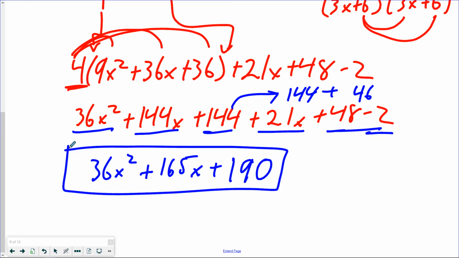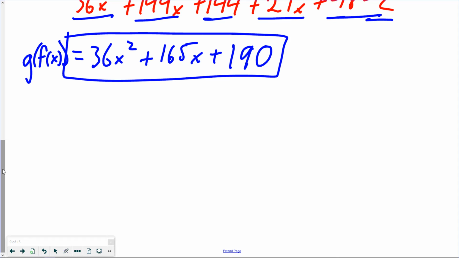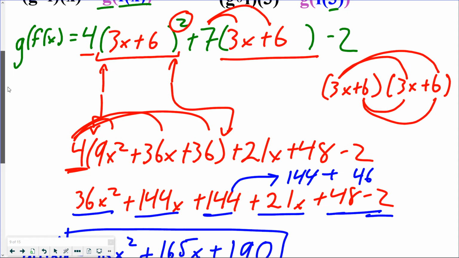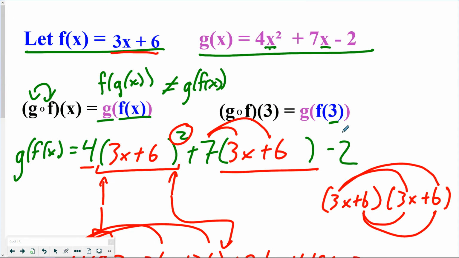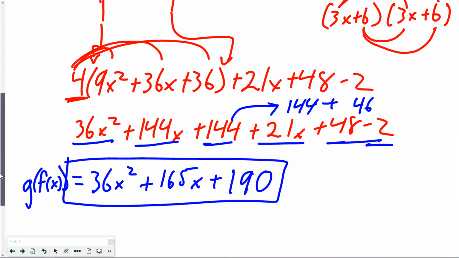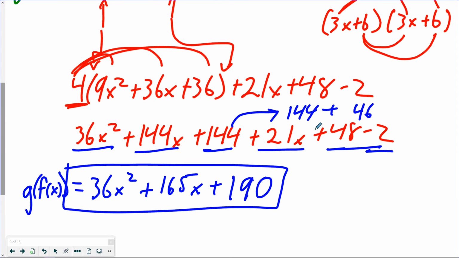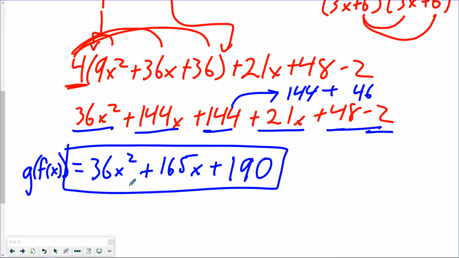All right. Now the last thing we want to do is plug in 3 to our composite function. Because I've gone through all this work, it's 2 lines. To get our final composite function, I'm going to just go ahead and plug in x equals 3 here. And then that'll give me my answer.